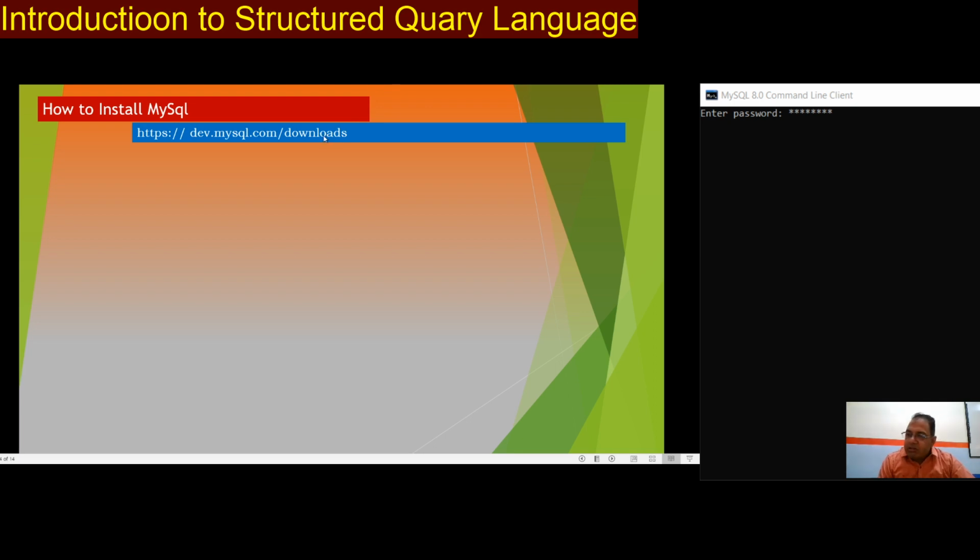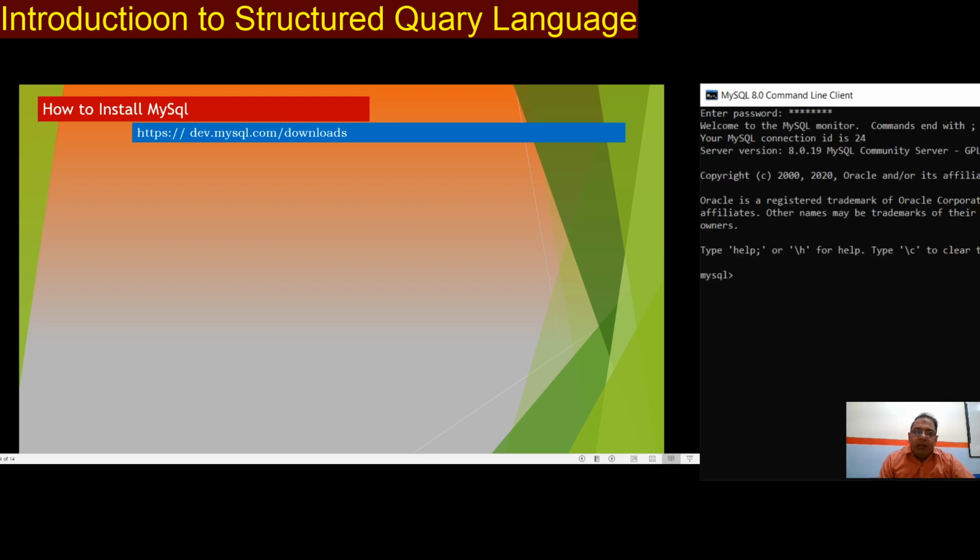You just click on this site and a dialog box will appear from which you can download the MySQL database. After installing, when we try to open it, it will ask you for the password. You enter the password and press enter.